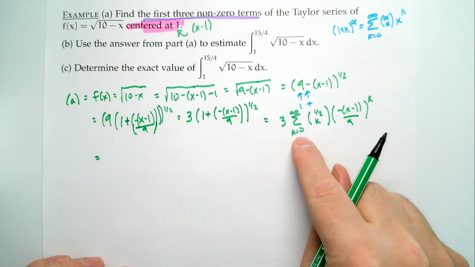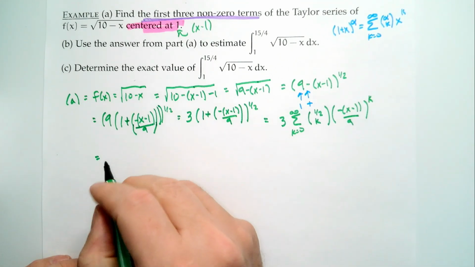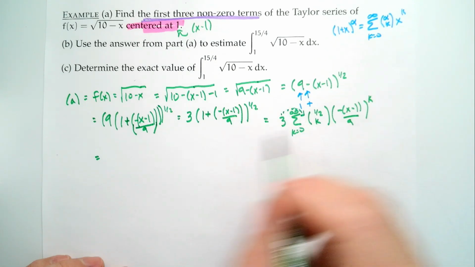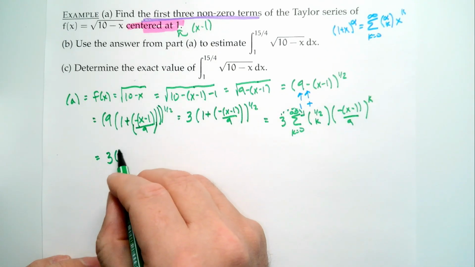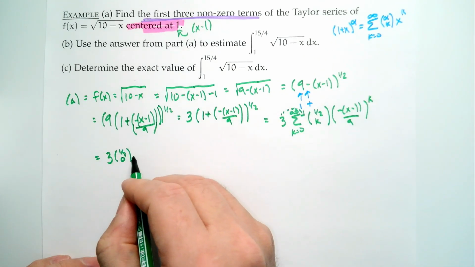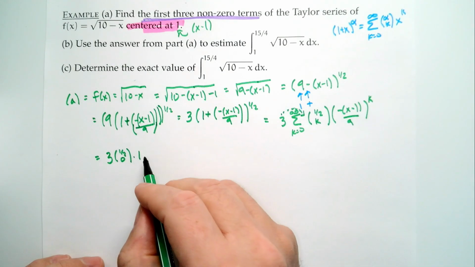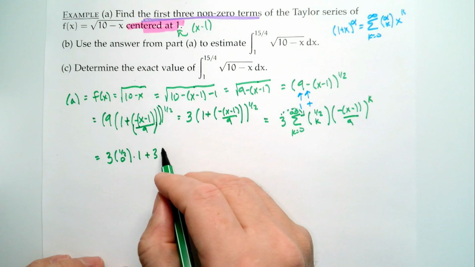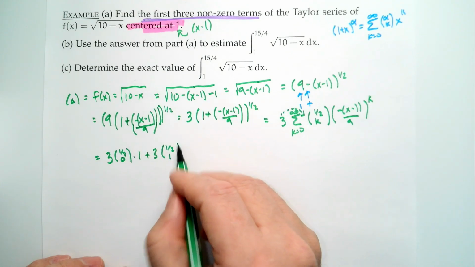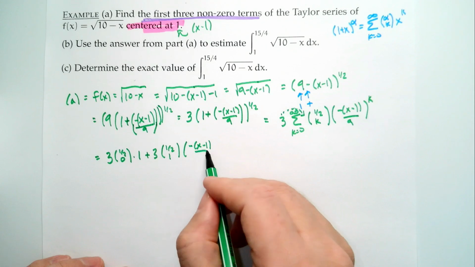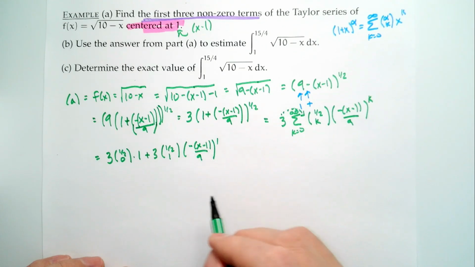So what do we get? Well, if we plug in k equals 0, we always have a 3, so we can think of this 3 here as coming in. So we're going to get 3 times (1/2 choose 0), and then times 1, because this is to the 0 power. Plus 3 times (1/2 choose 1), and then we get minus (x minus 1)/9 to the 1 power.